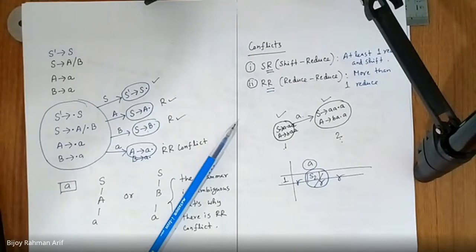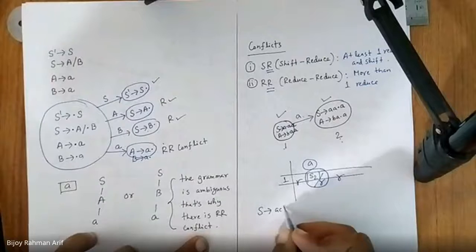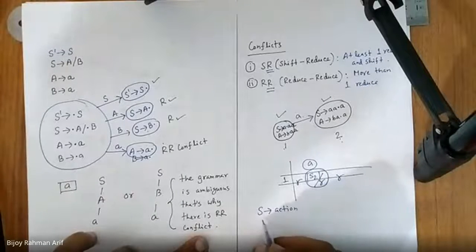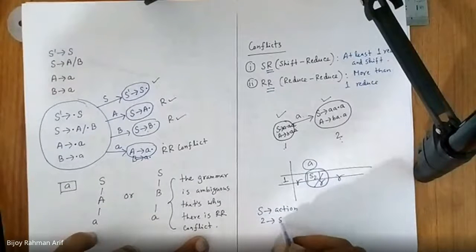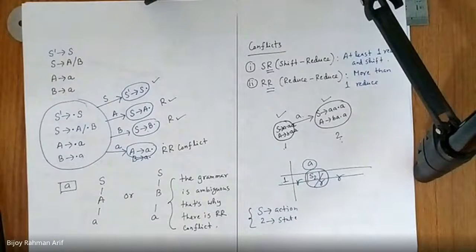S is the action, and this number is the state. So if there are multiple shifts from one state to another state on more than one product, there is no shift conflict. It does not cause any problem.